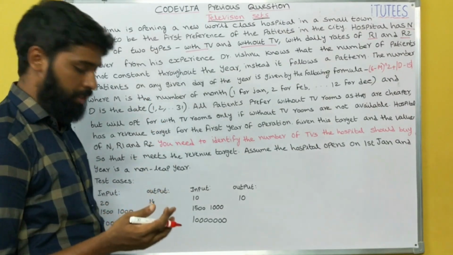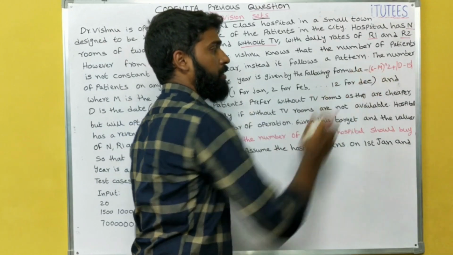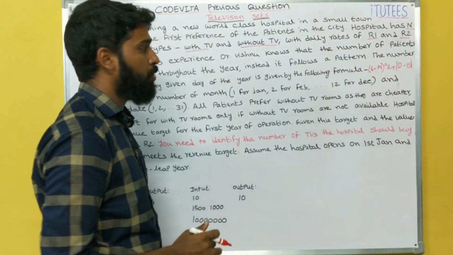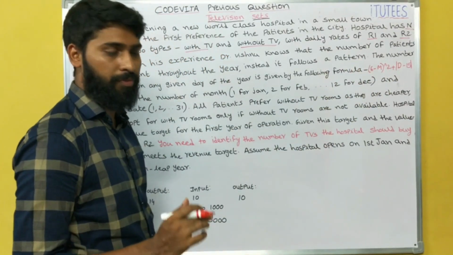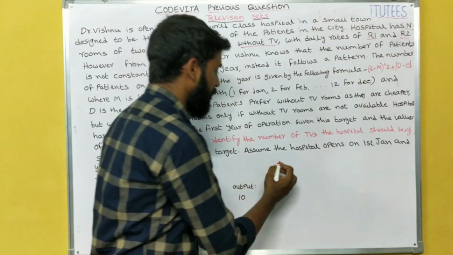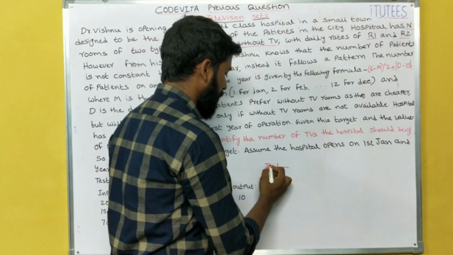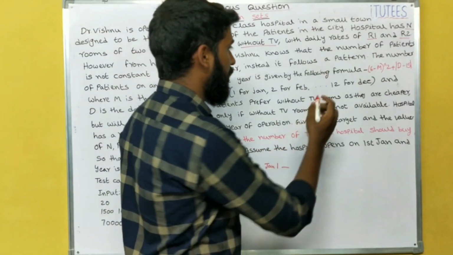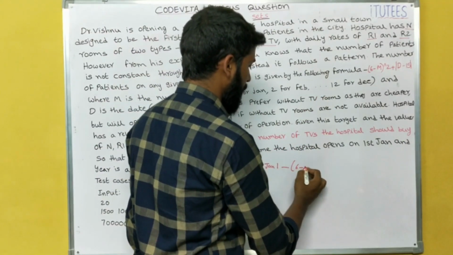The number of patients depends on one formula: (6 minus m) whole square plus mod of (d minus 15). What is the number of patients on January 1st?